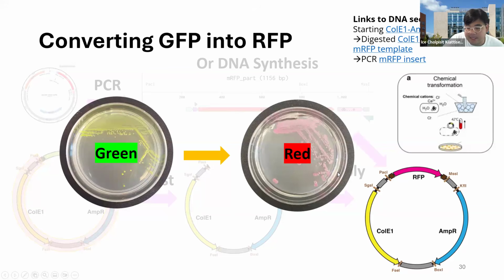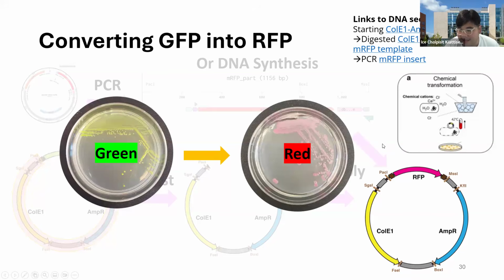So again, if the scenario is not going according to your plan, let's say you get the white colony or the green colony instead of the red colony, then that means you actually just have some contamination of your original plasmid that still has GFP, or you just don't have anything and the backbone fragment may just fuse together without giving you any new insert. So this is a pretty good scenario in terms of the analysis of whether your cloning was successful or not.